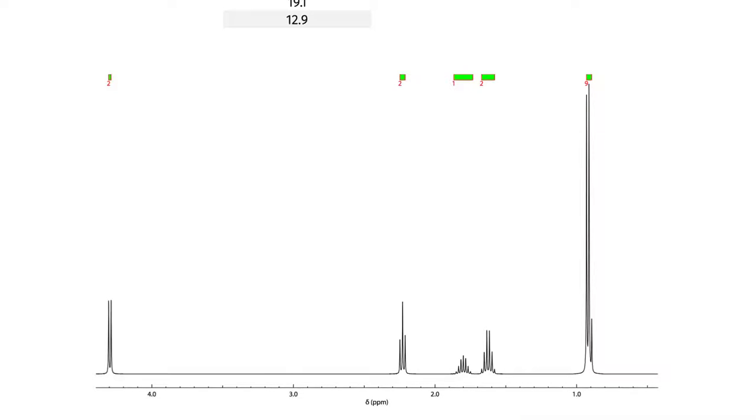In this example, I know it is not, so we have 2H, 2H, 1H, 2, and 9. So the total comes up to be 16, and that's all that's in the formula. So there's nothing really weird going on here. All the protons are visible.